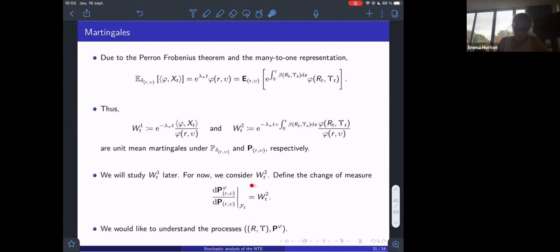So I'm going to define a change of measure according to this martingale. All this means is that I take my neutron random walk and look at it through a different pair of glasses, modifying its behavior a little bit according to this term. I want to know what this change of measure tells me about the process, and what the behavior of this single particle system looks like now.